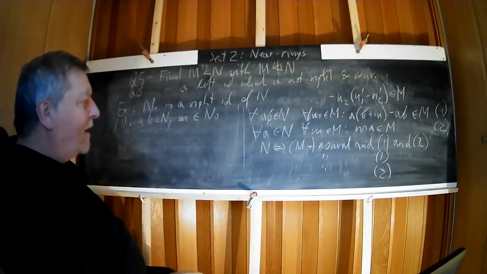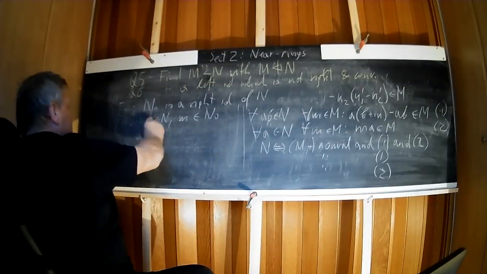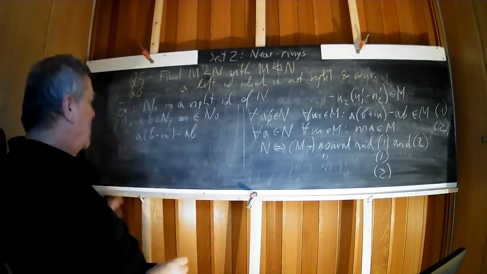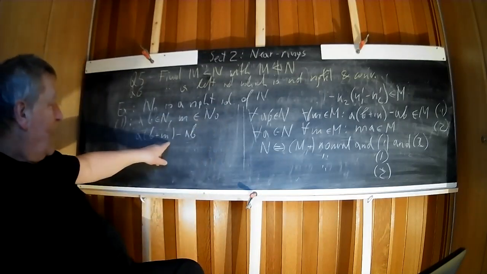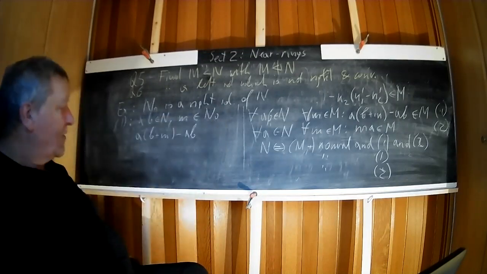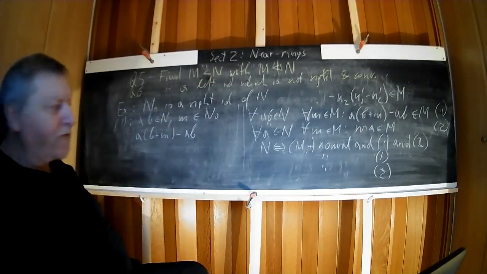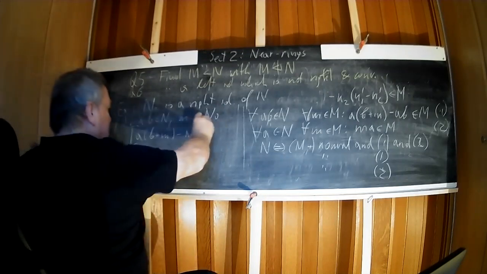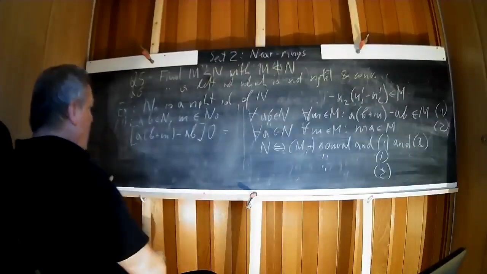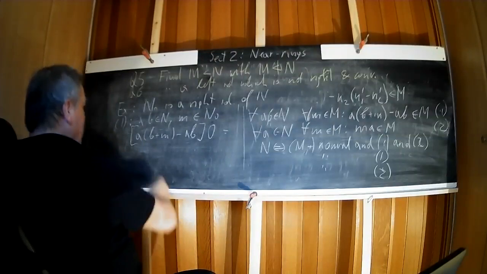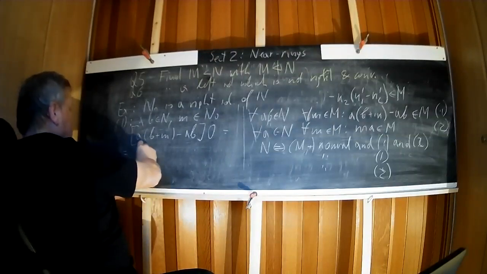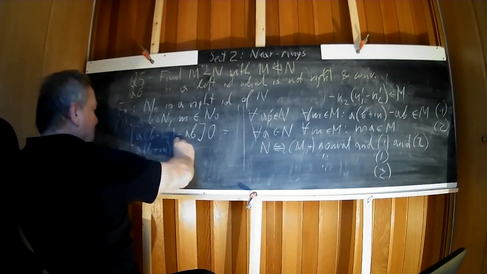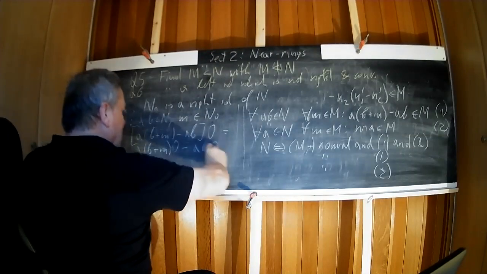And we have to take care of what A times (B plus M) minus A times B does. Our hope is that this is again in N sub naught. So we apply the same check as before. We ask what happens if we take this here times 0. Now this is equal to A times (B plus M) times 0 minus A B 0.